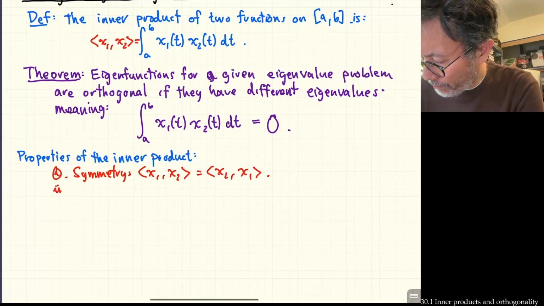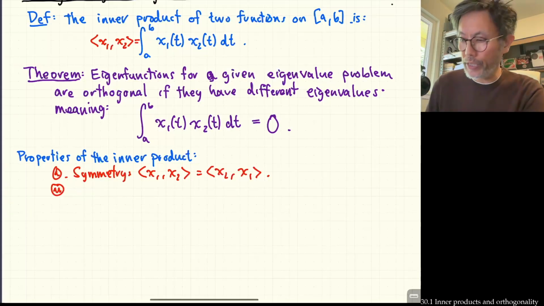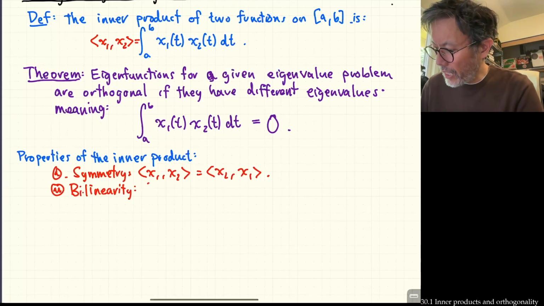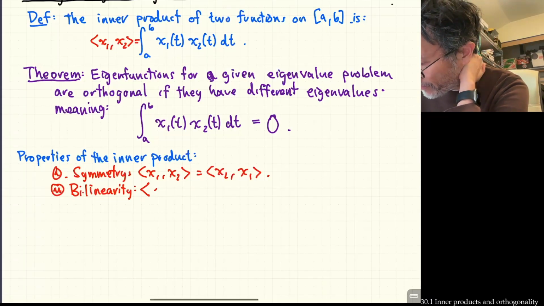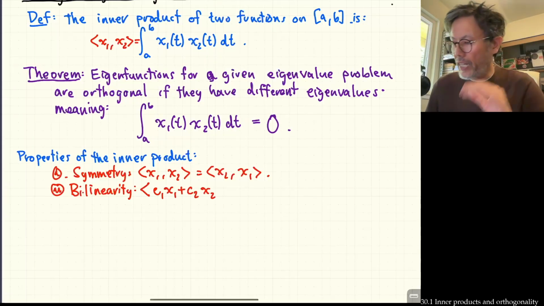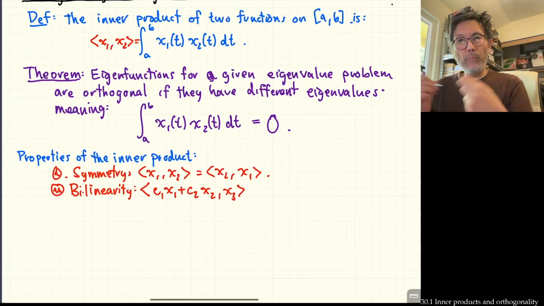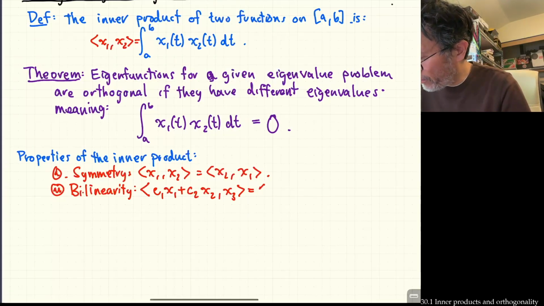Second property. What is the second property? Oh, right. This one is crucial. Bilinearity. So what on earth does this mean? This means that if I put in the first slot here a superposition of two functions, a linear combination of x1 and x2, and I take its inner product with x3, well, this breaks down in exactly the way that you would hope, without losing information.